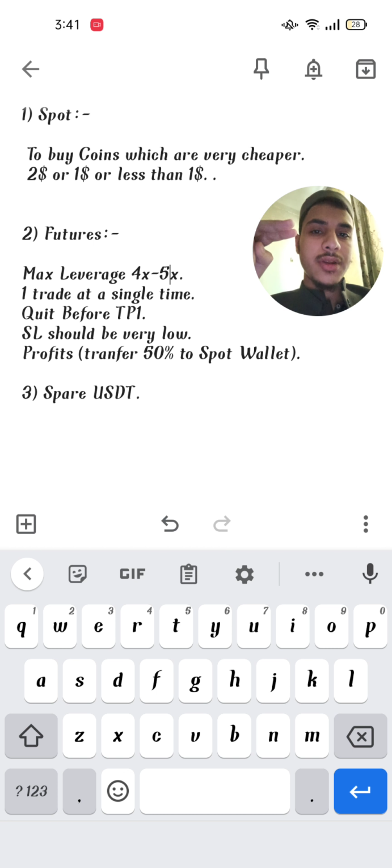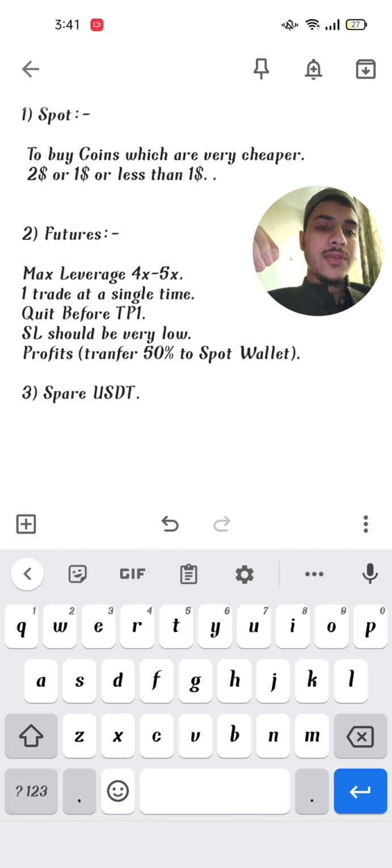It is not recommended to those who have very less funds in their account to open multiple trades. Open one single trade at a time, and open that trade which we have given the signal of. You can take trades by yourself, but if you know the technical analysis, the fundamental analysis, and you can judge a coin, and you can look for a better and best entry point, then you can go for entries.